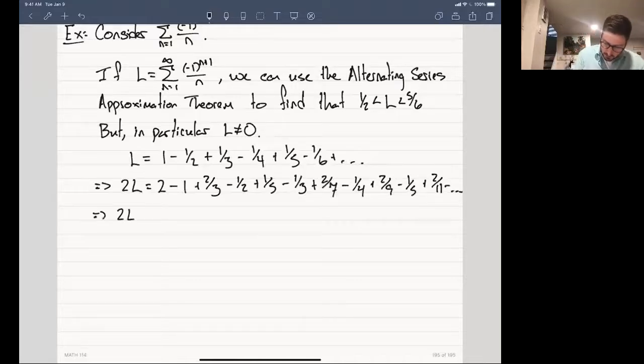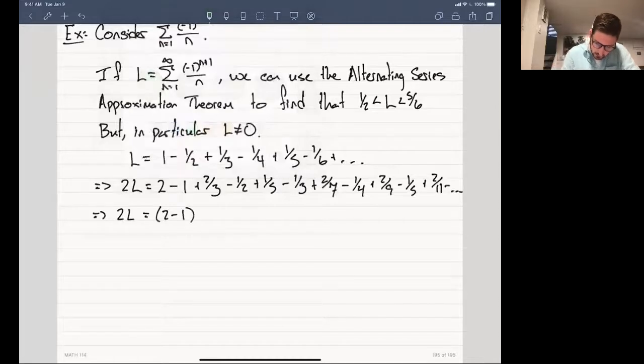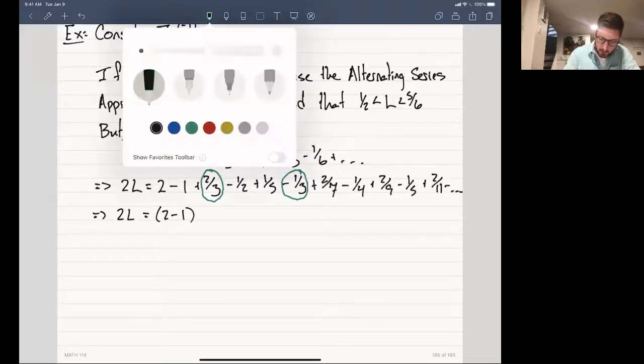So 2L is equal to 2 minus 1. Okay, so I'm going to group the first two terms together. Then I can see, maybe if I circle these, there is something with the denominator 3 and something else with the denominator 3. So let's put those two together as well.